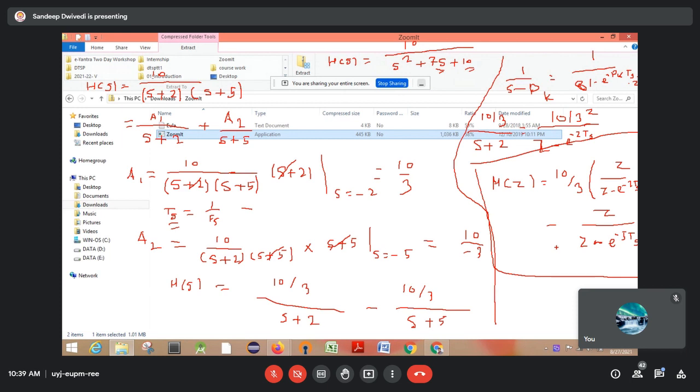If it is not given, by default you can also take T equal to 1 second, no issue, or you can keep Ts as it is.